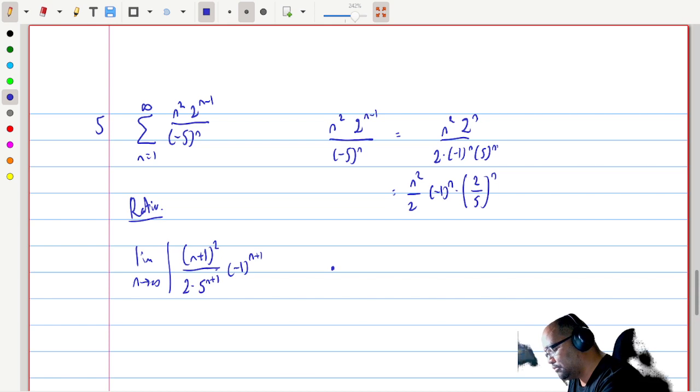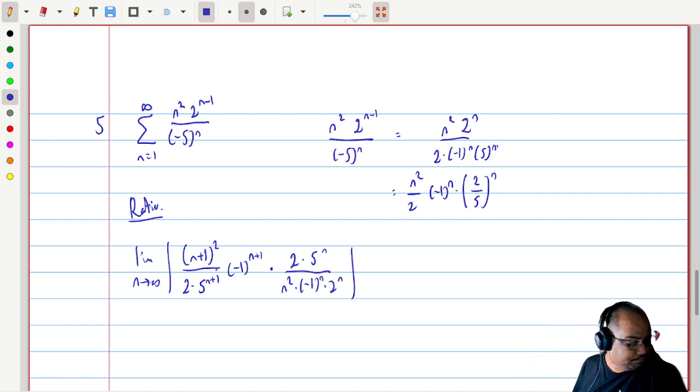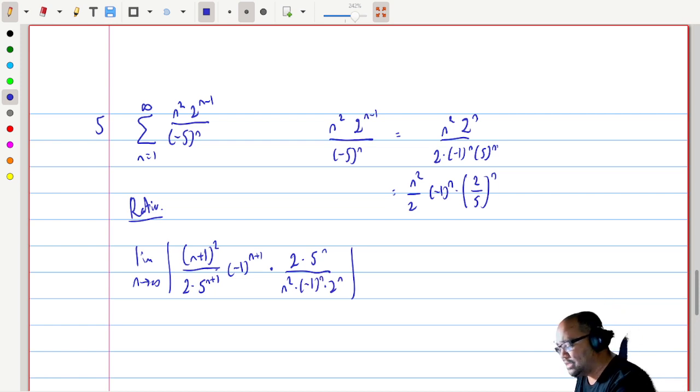Now multiply by 2 times 5 to the n over n squared times minus 1 to the n times 2 to the n, take absolute values. So all the minus stuff drops, because it's an absolute value. The 2's drop out.